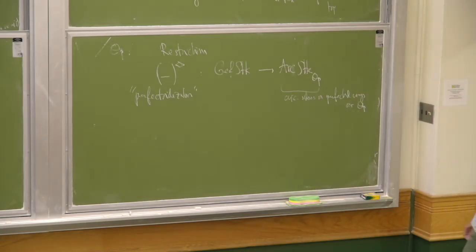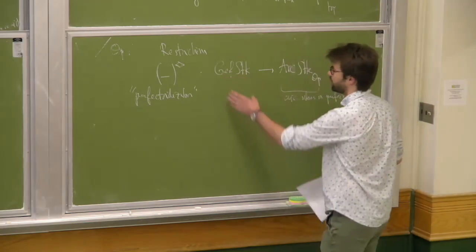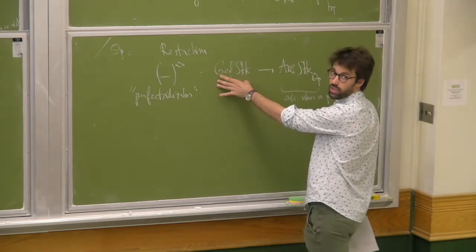So basically, if I have a functor defined on all Gelfand rings, perfectoid rings are examples of such.